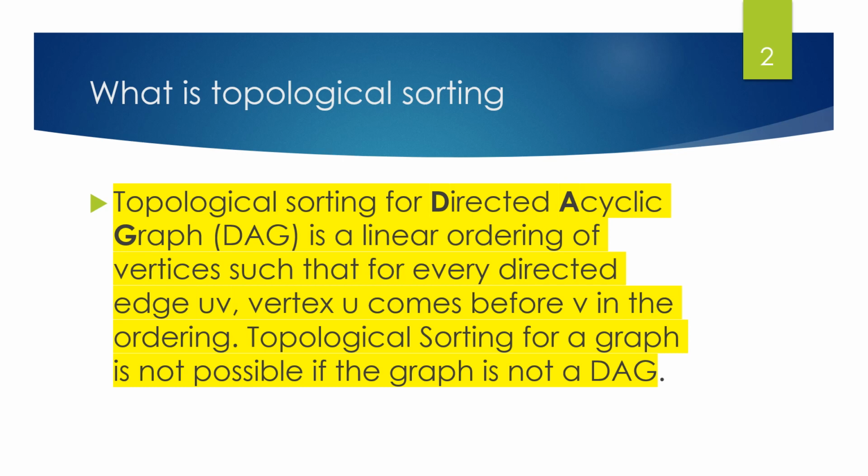Now let S be the longest path from source u to destination v. Since S is the longest path, there can be no incoming edge to u and no outgoing edge from v. If this situation occurred, then S would not be the longest path. So in degree of u equals 0 and out degree of v equals 0.